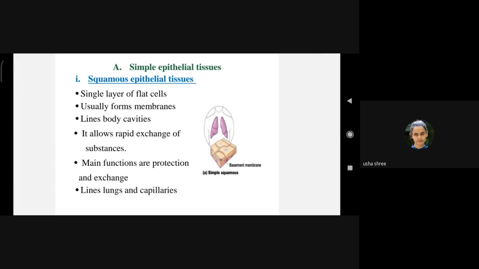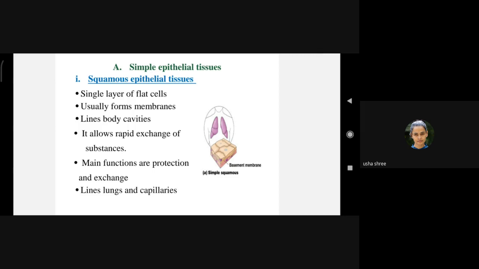It will be single layered, with flat cells. Usually it forms membranes. Squamous epithelium tissue is mainly found in membranes.